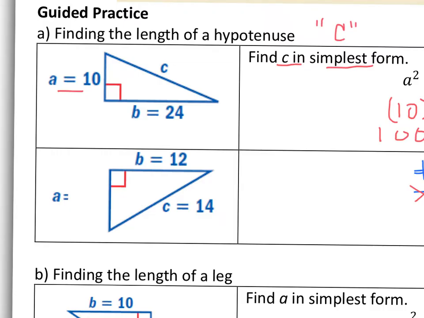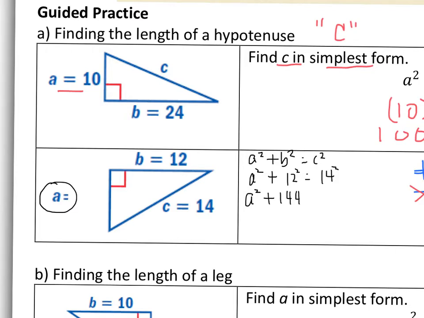Okay, let's try the second problem. We need to look for the length of A. So we have the formula A squared plus B squared equals C squared. A, we don't know. We'll copy it again. B, 12 squared. C is 14 squared. 12 squared is 144. 14 squared is 196.